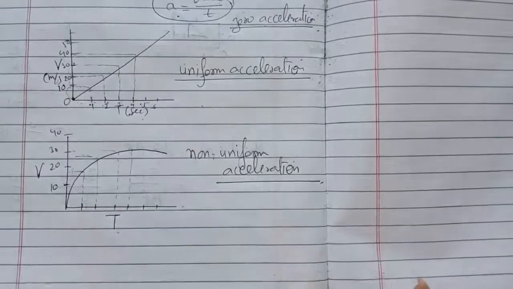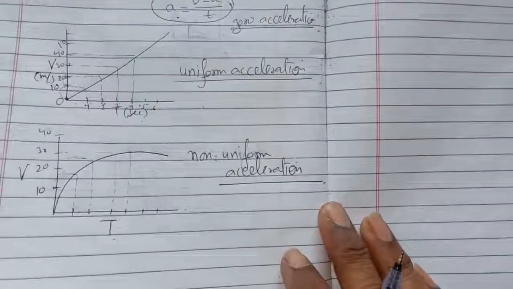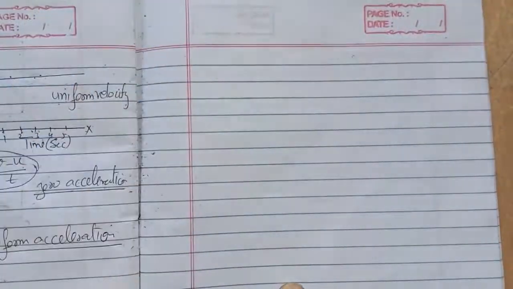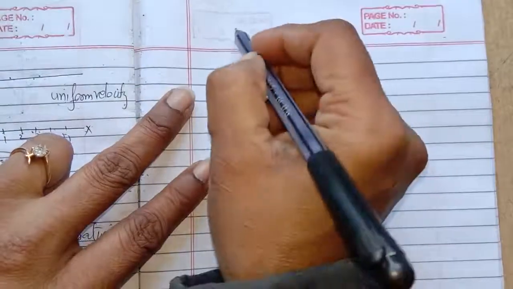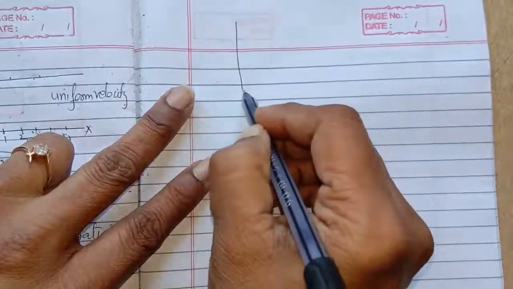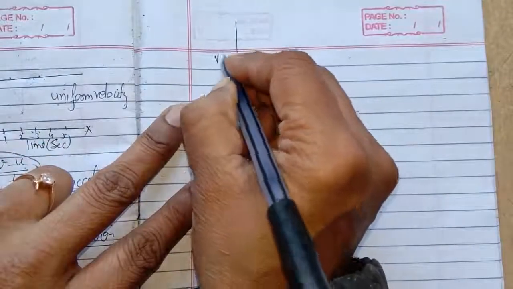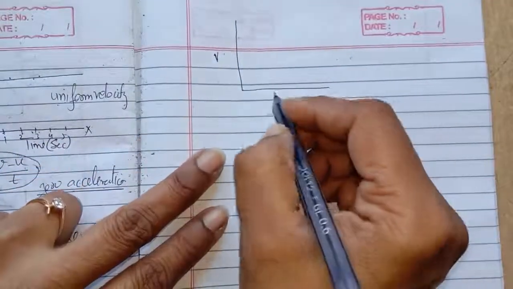Okay, now the derivations. First I have to explain how you can find the value of distance and acceleration from the VT graph. In your exam, I also gave a question to you, but most of you did that question wrong.